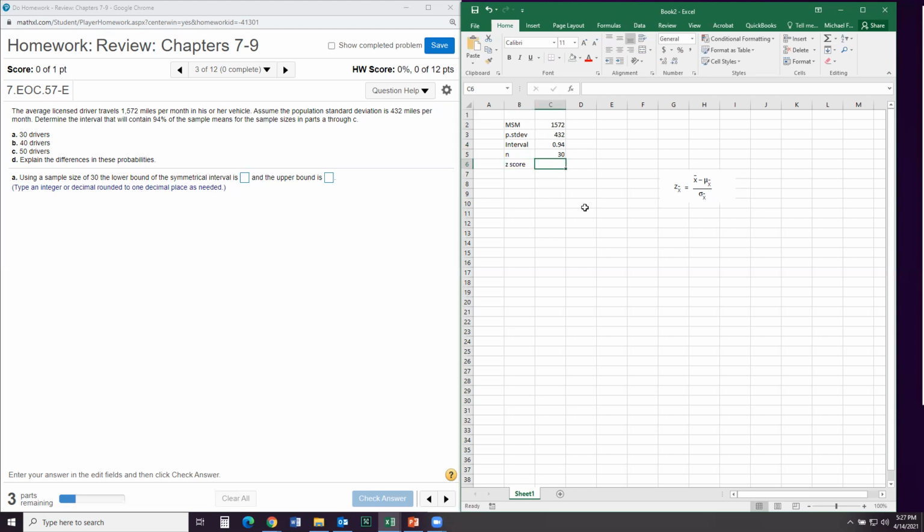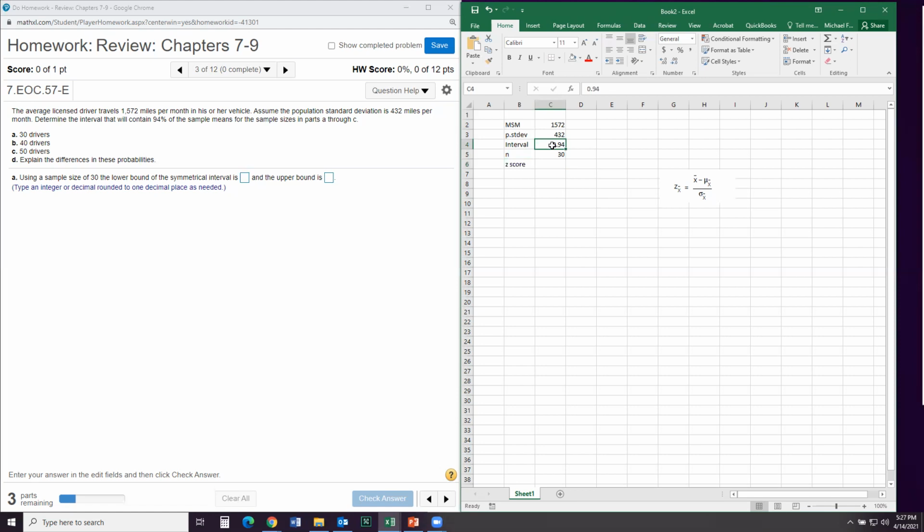If I know the interval has to contain 94% of all the values and it's symmetrical, that means that outside of this interval is going to be 6% of all possible values, right? Because the entire distribution is 1 or 100%.